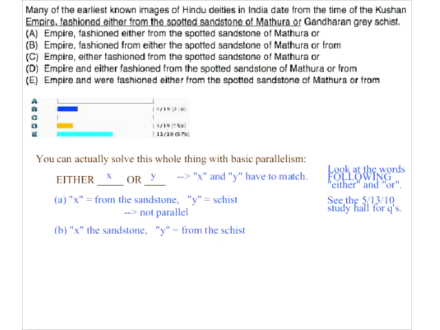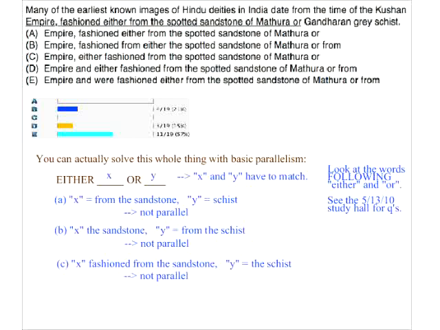It's the same problem that A has, but just the other way around. C, the words following "either" are "fashioned from," and the words following "or" are just the schist. So not parallel.